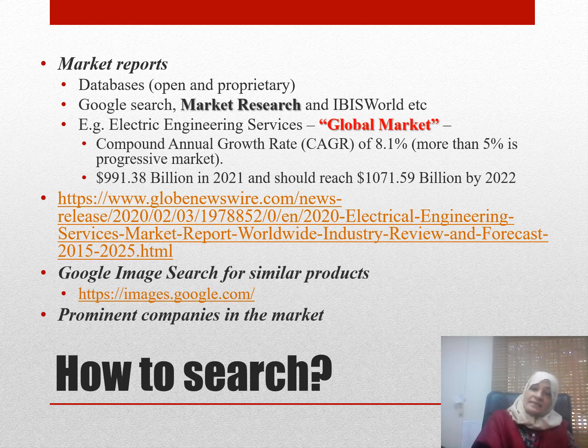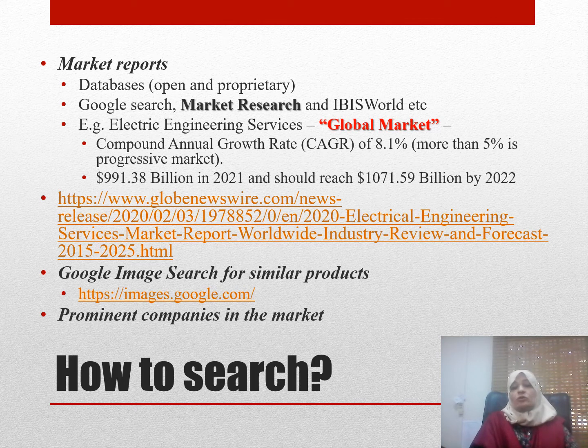So along with the technical parameters you have already explored, in terms of existing solutions as you saw in our previous slides, you also need to make sure that the CAGR value is more than 5%. The bigger that value is from 5%, the more progressive that market is, and the more chances that your future invention will get commercialized.